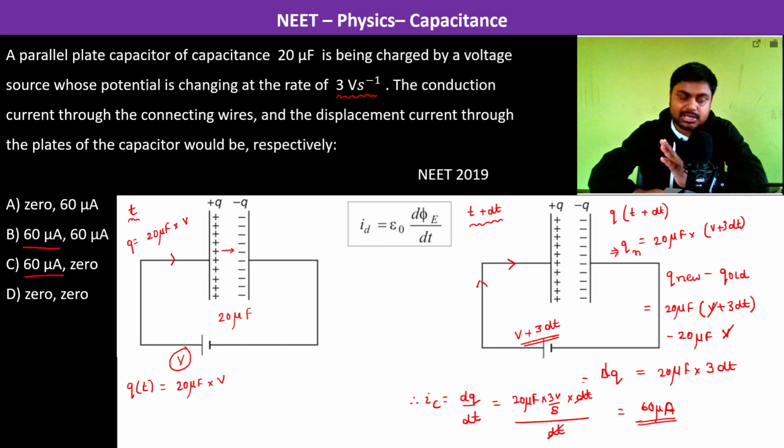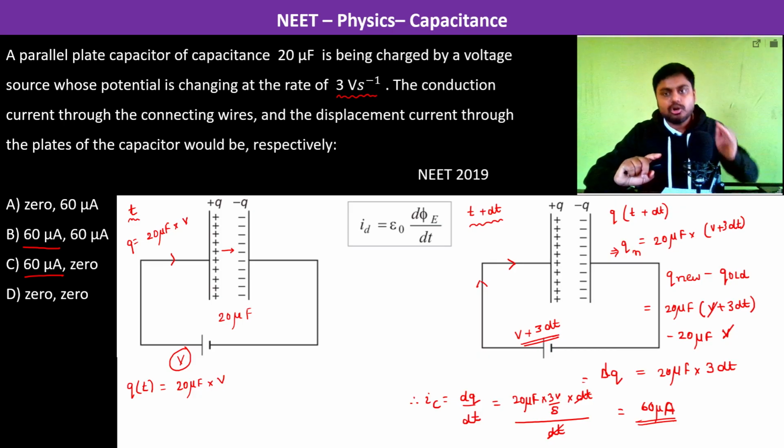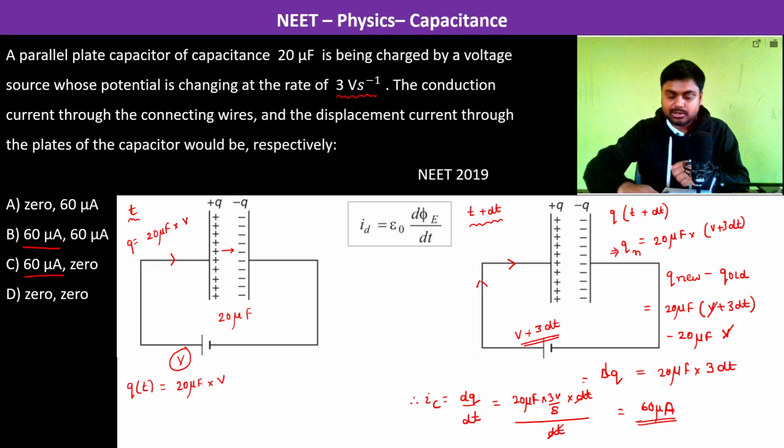First, we understand that displacement current and conduction current are equal, since this is the charging of the capacitor. We calculated for both. Conduction current is how much charge has flown in the particular time dt, and we got 60 microampere.